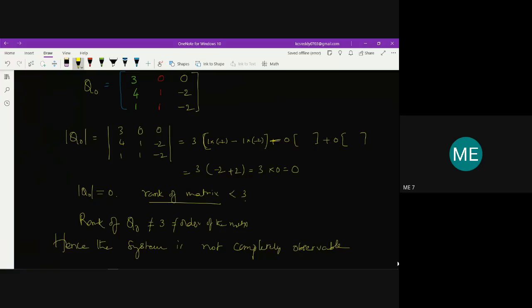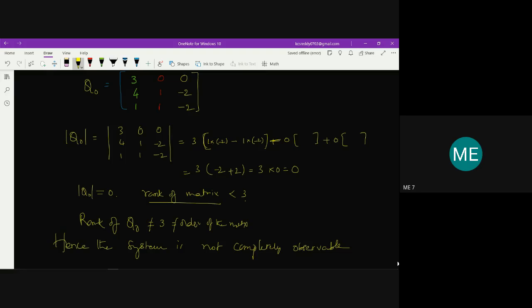So here we need to find out the rank of the matrix Q naught. Where the determinant of Q naught is non-zero, we can say the rank of the matrix is going to be 3. As the determinant is equal to 0, the rank of the matrix will be less than 3.